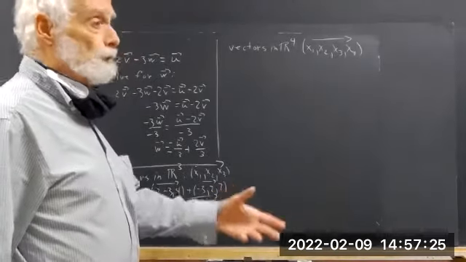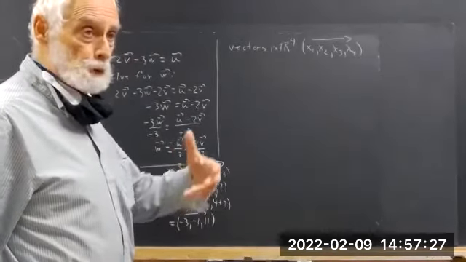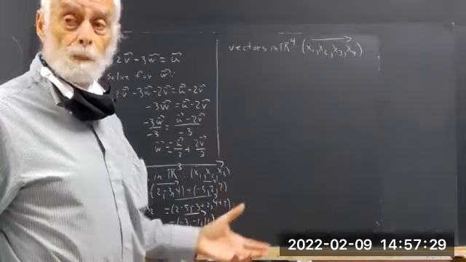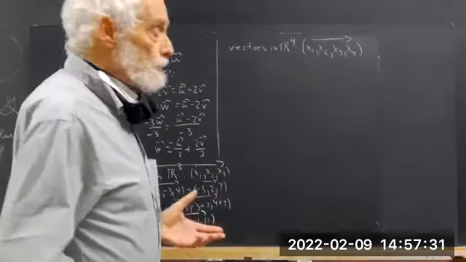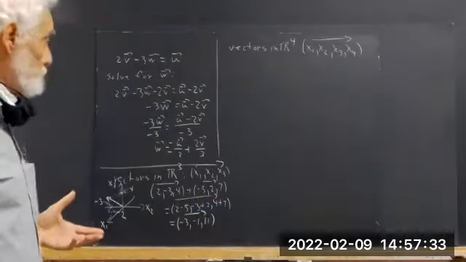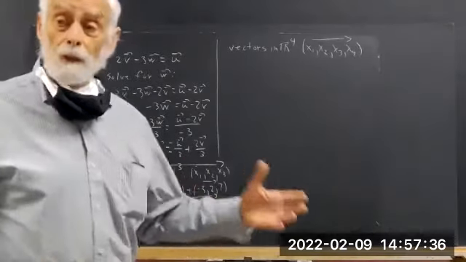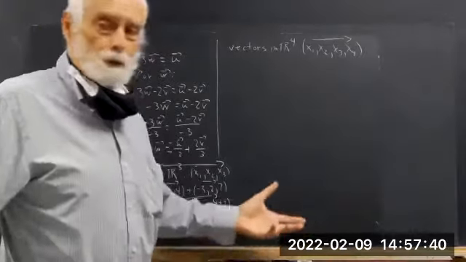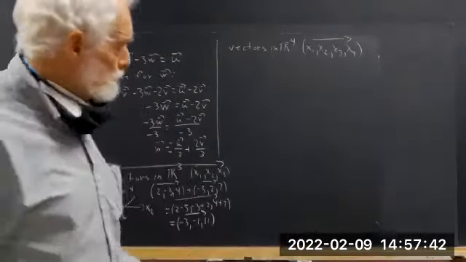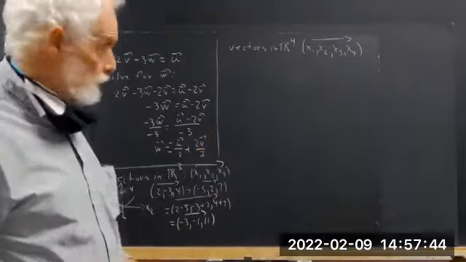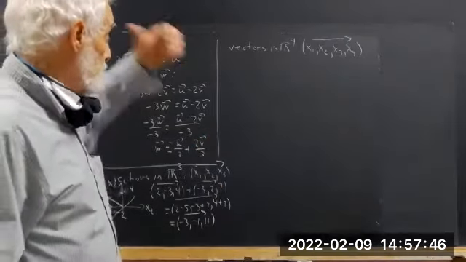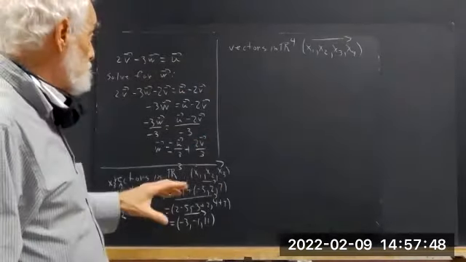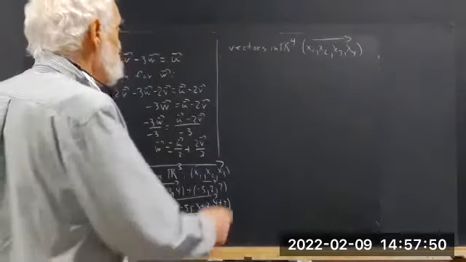We can still do everything in that space that we can do in R2 or R3. We just have more components. We might end up with 26 simultaneous equations instead of 2. And of course, we use machinery to solve those equations, but we understand the idea. So all this stuff extends into higher dimensions.